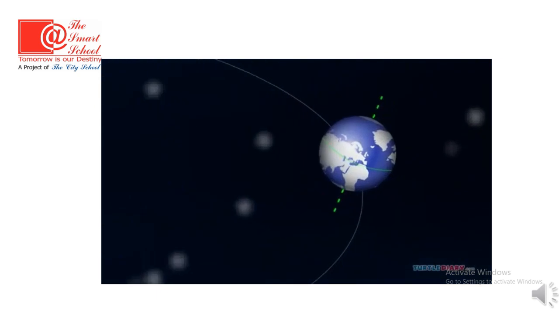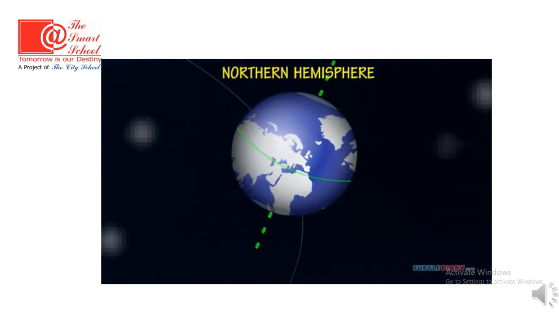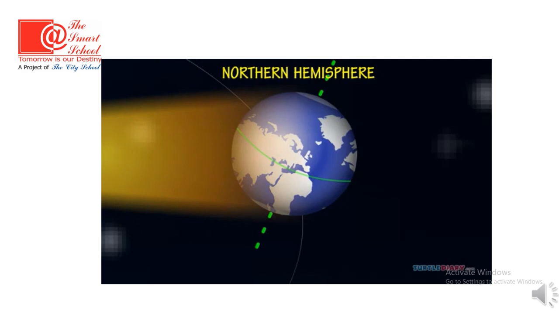In January, the northern hemisphere is tilted away from the sun, so it doesn't get much of the sun's light. The southern hemisphere gets more sunlight. So the southern hemisphere has summer, while the northern hemisphere has winter.